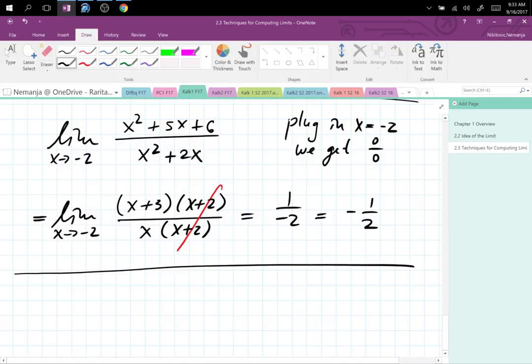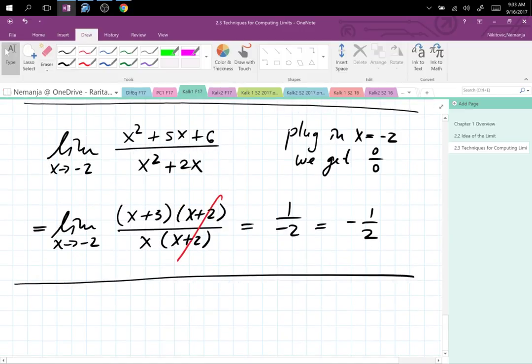So factoring is one of the techniques that is used to solve the problem.